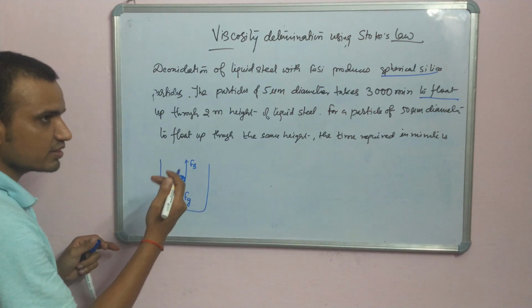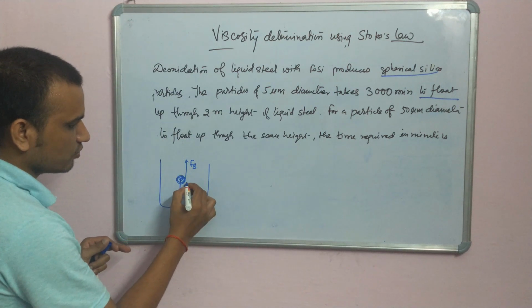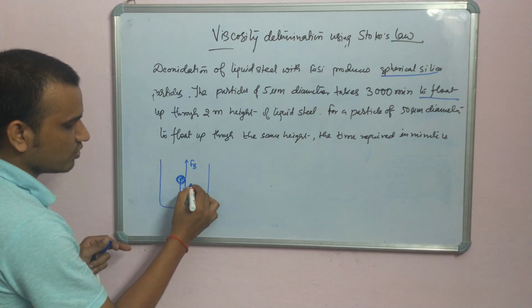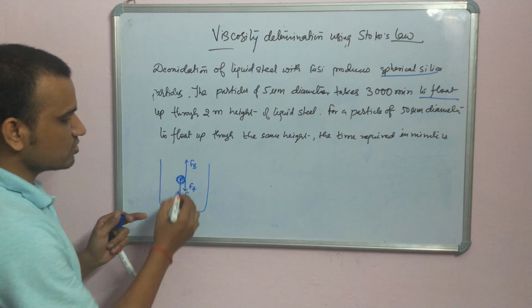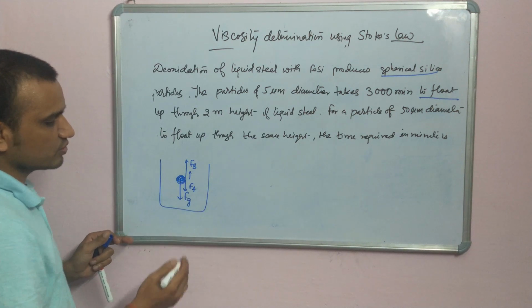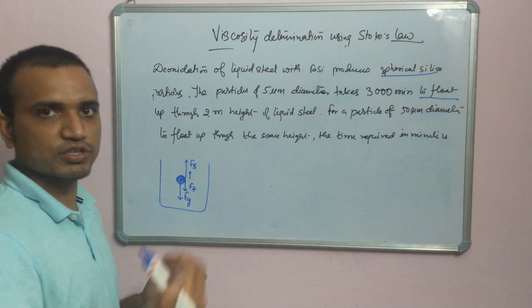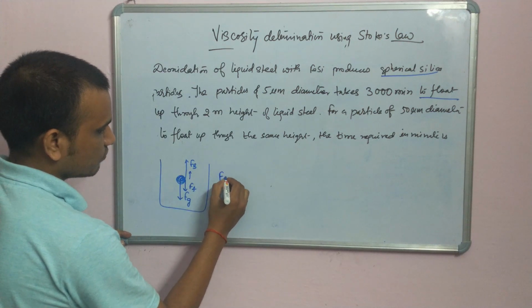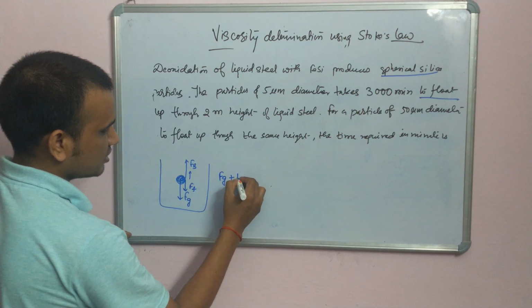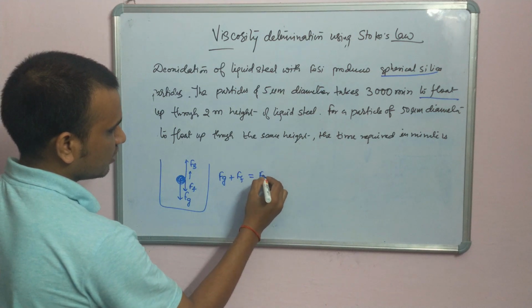But the drag force will also act in the downward direction, because this particle is moving upward, and the frictional force is always opposite to that. So the force balance will be Fg plus Ff equal to Fb.